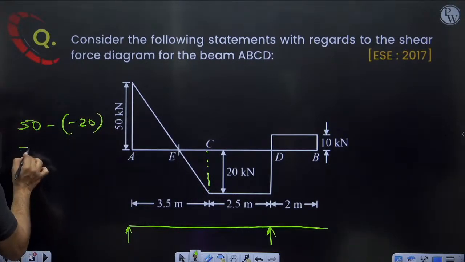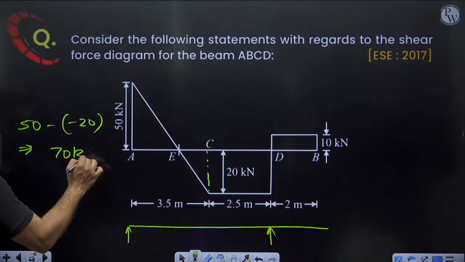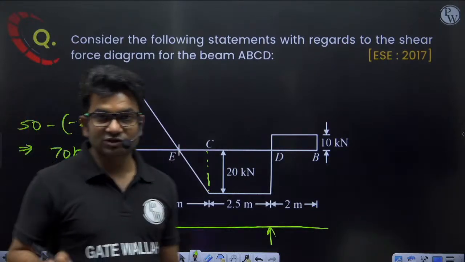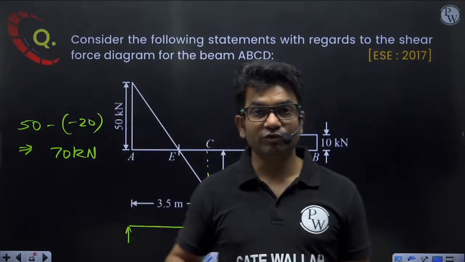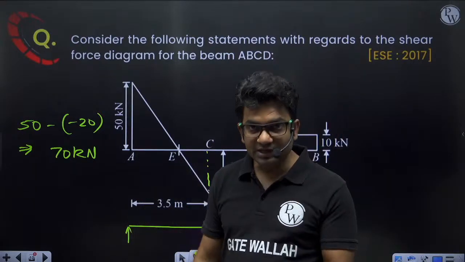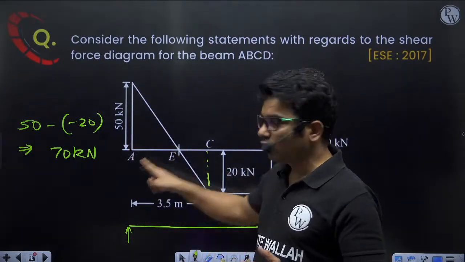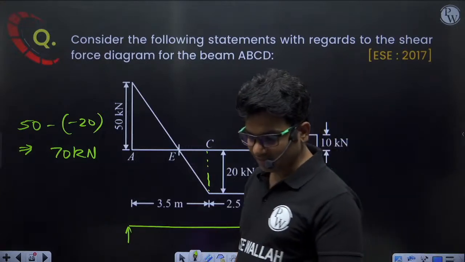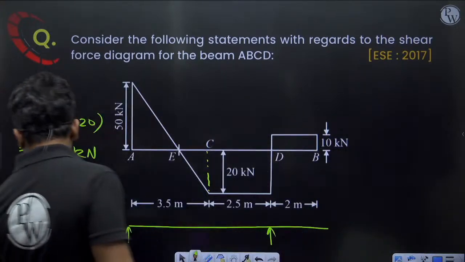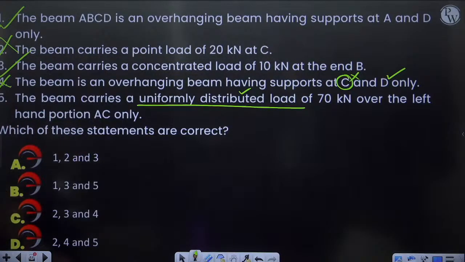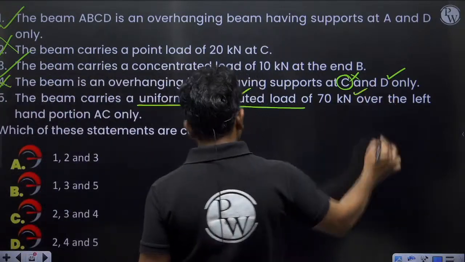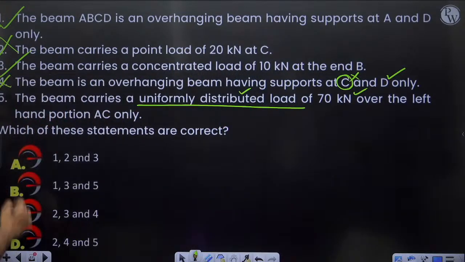So we are having a change of 70 kilonewton. That means this UDL is causing a total change in shear force of 70 kilonewton. That means the total magnitude of UDL is 70 kilonewton. Clear? Okay, so this is also correct. So the fifth point is correct.